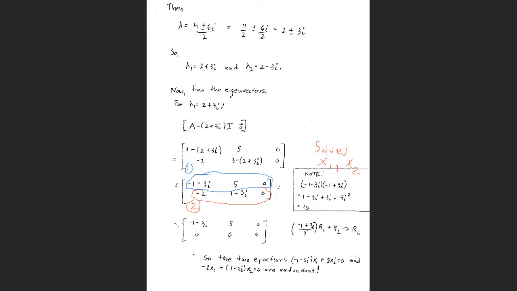Okay, I agree with Nafani and Ariana, the second equation. And so that's what we're going to use. Since we have two redundant equations here, -1 minus 3i times x1 plus 5x2 equals 0, and the other equation is -2x1 plus 1 minus 3i times x2, I'm going to use the easier one.